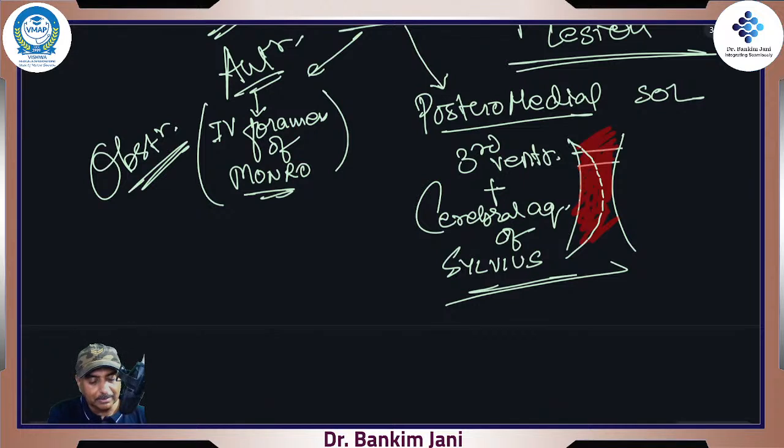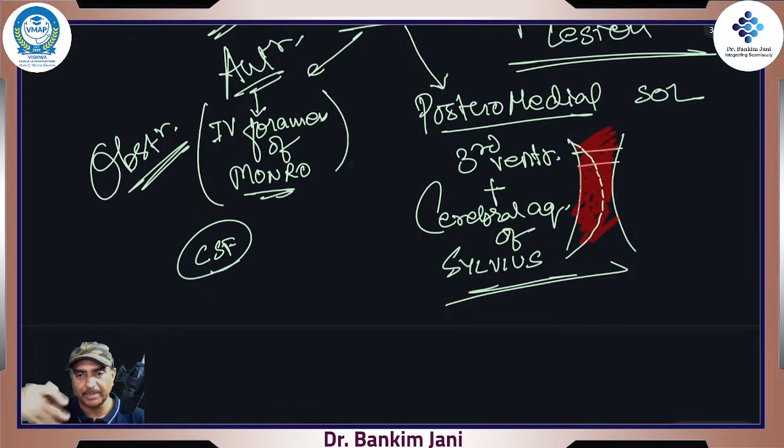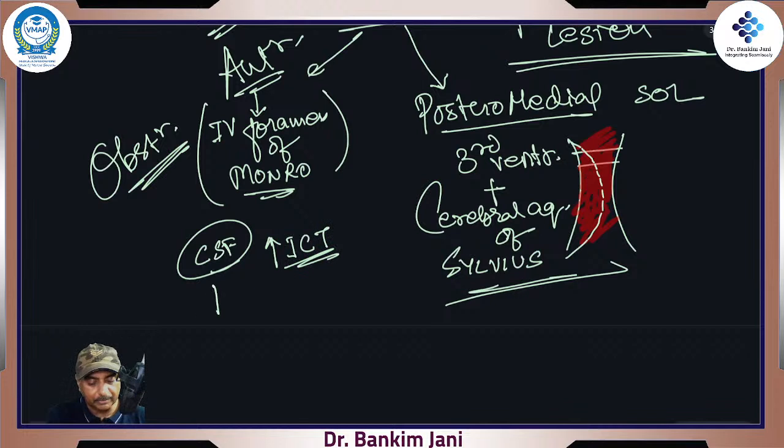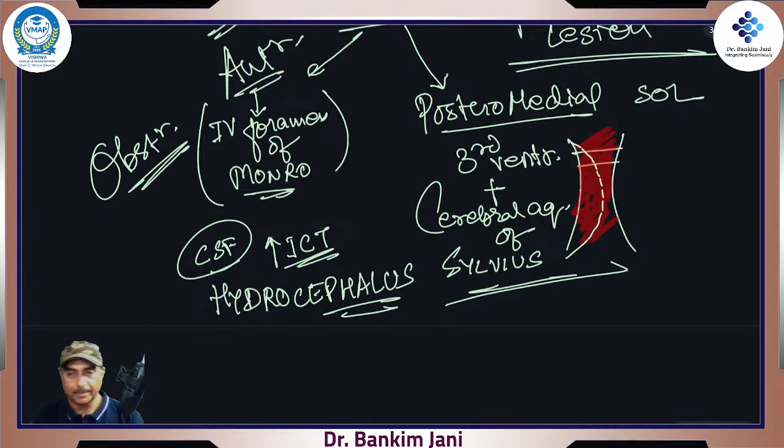The CSF circulation will be hampered. Reason? The choroid plexus are constantly making CSF. So there would be increased intracranial tension. That would lead to hydrocephalus, and then there would be all the symptoms of hydrocephalus.